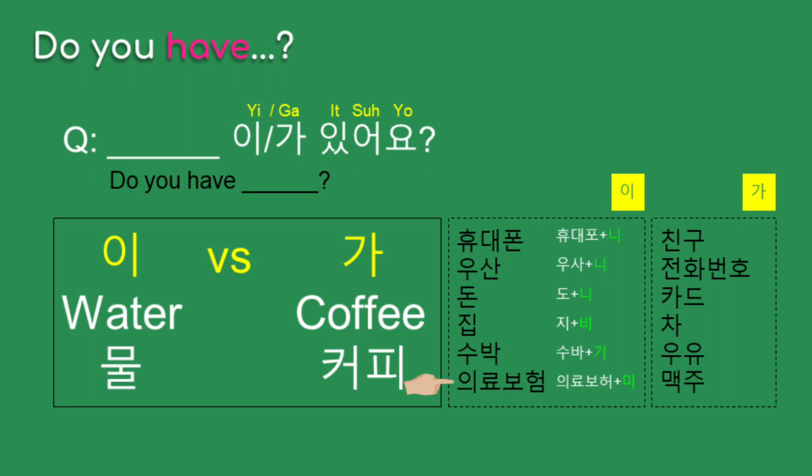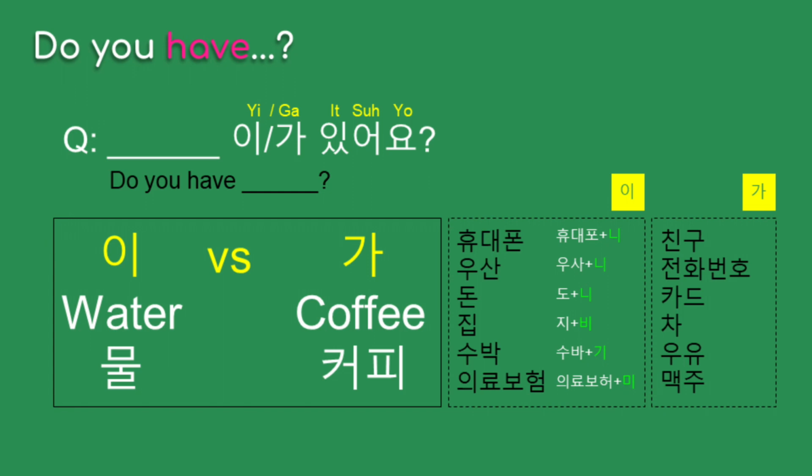It's not that important in Korea because it's pretty affordable to see a doctor without health insurance, but you might hear this at a doctor's office in Korea because if you look like a foreigner, they might ask you. So, 의료보험이 있어요? Do you have health insurance?